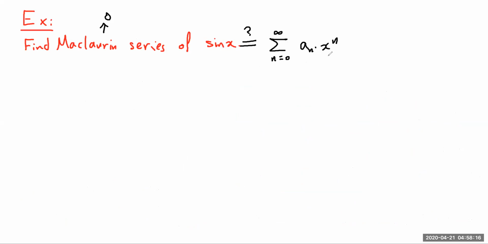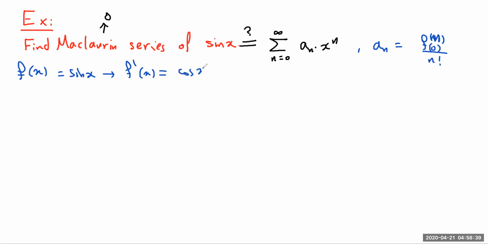Let's go back to our last exercise here. How to find a_n? It was the derivative of order n of my function at 0 over n factorial. So the function f(x) is sine x. What is f derivative of x?